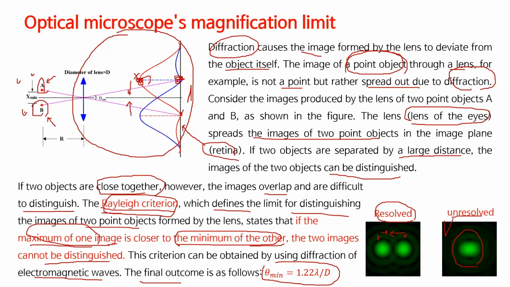So the final outcome for the Rayleigh criterion is given by this equation. Theta minimum is the angle viewed from the lens to the objects, this angle, and lambda is the wavelength of the light, and d is the diameter of the lens, the size of the lens.